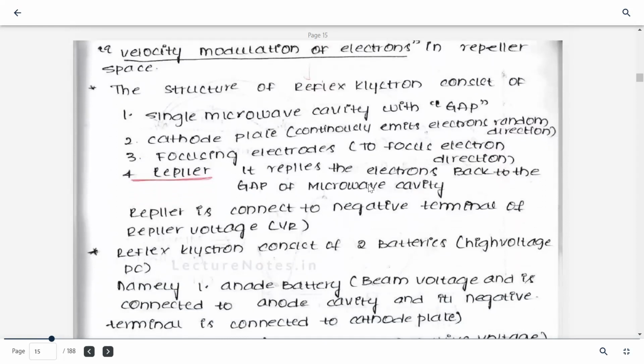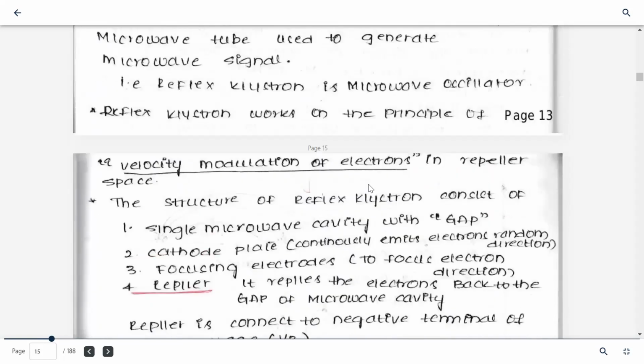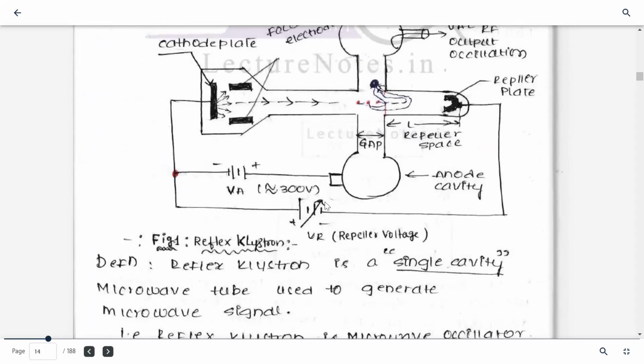The repeller repels the electrons back to the gap of the microwave cavity. The repeller is connected to the negative terminal of the repeller voltage, that is VR.